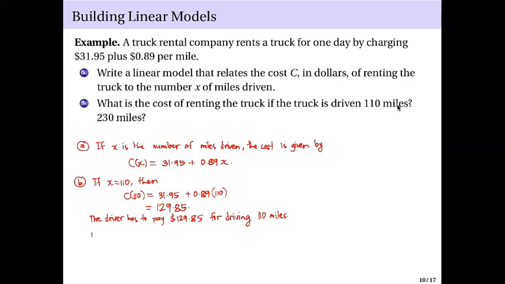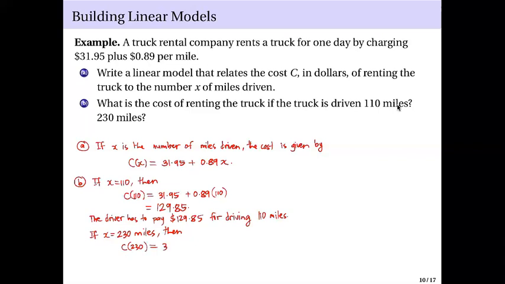And then for the other one, if X equals 230 miles, then we just solve C of 230.